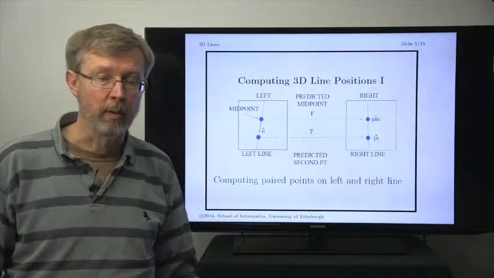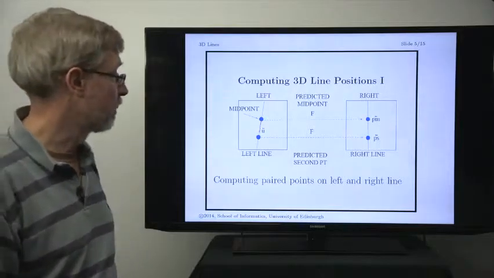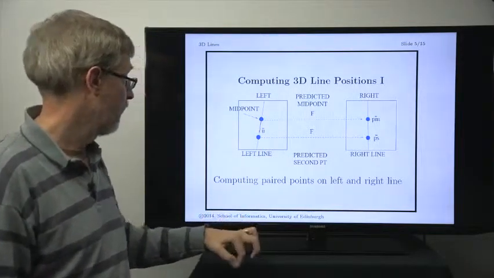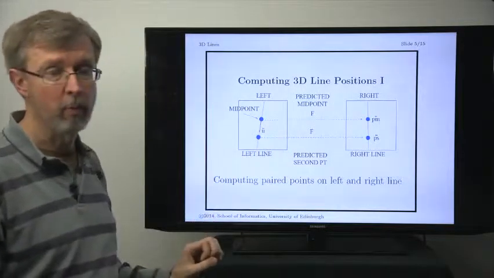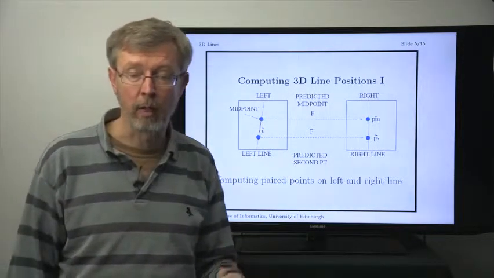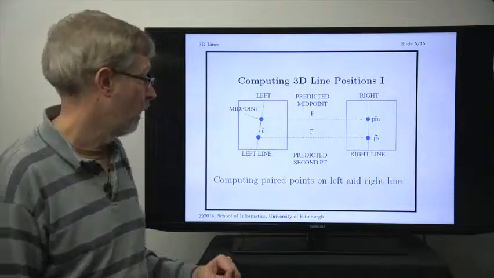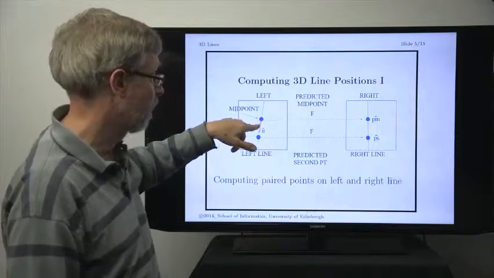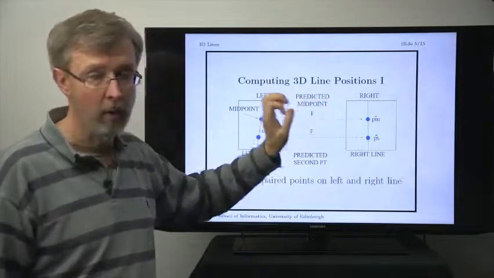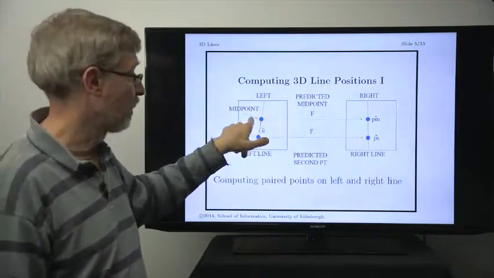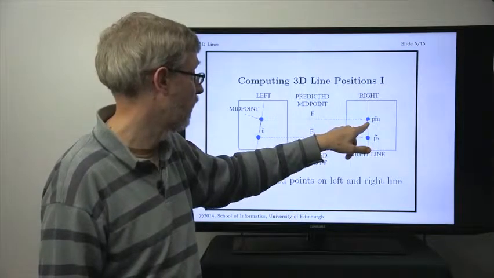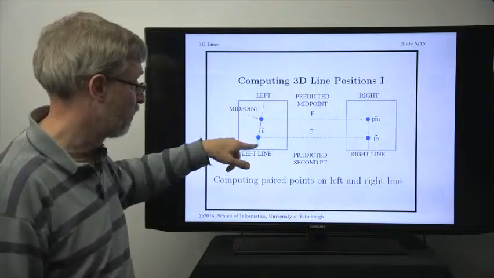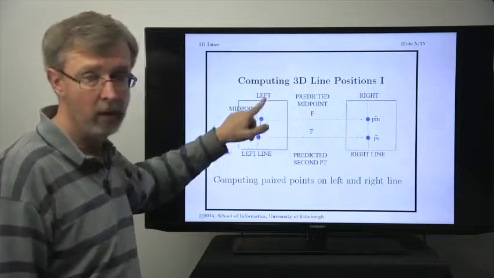Okay, so how are we going to do all of this? Well, one of the things that we need to do is get some correspondences, and we're going to have to pair up points between the left and right line. The way we're going to do that is we're going to take the midpoint of the left line, and using our fundamental matrix again, we're going to predict the corresponding point over in the right image, and then we're going to compute a second point on the left line.